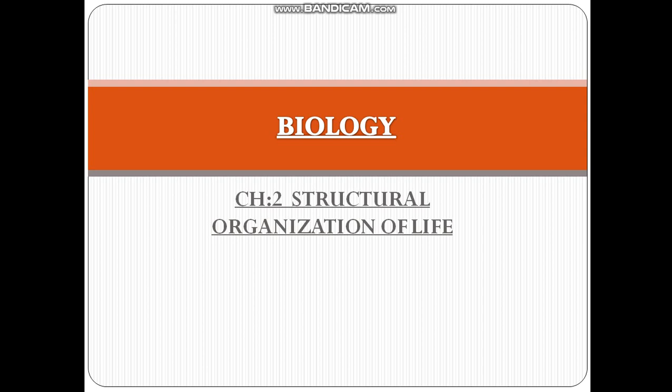We have completed the first chapter, which is the introduction to biology. Now we are going to start the second chapter, the structural organization of life. It's a very lengthy chapter, so for our own convenience, I have divided it into three parts.